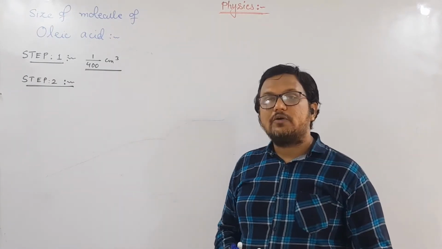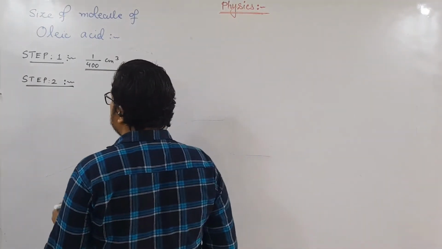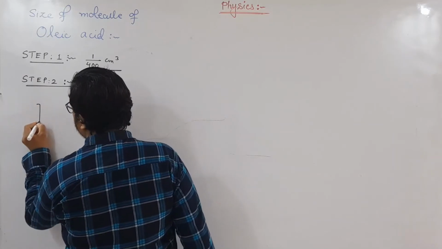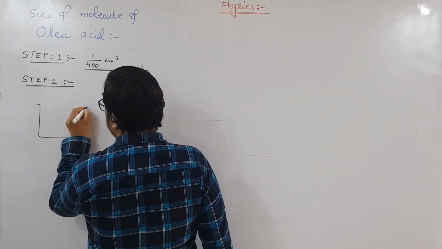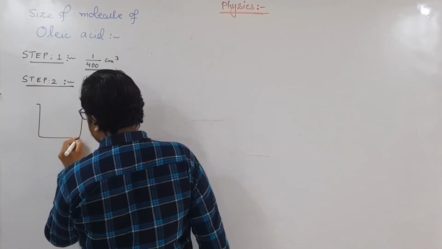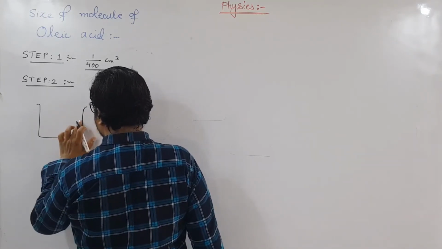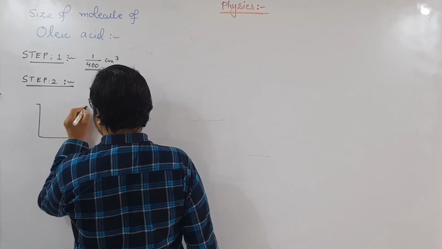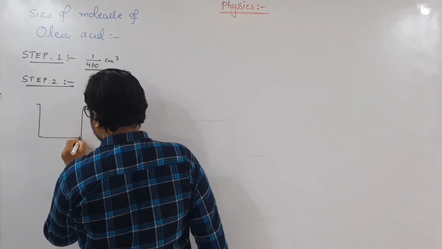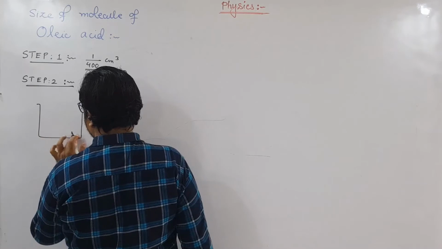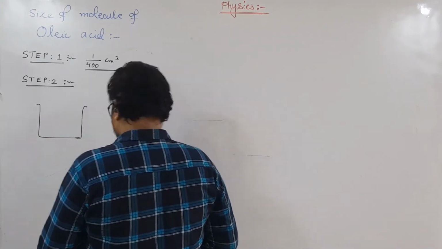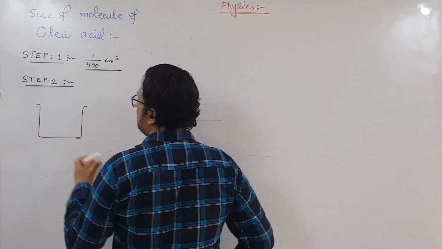Now for that, what we are going to do is we will take a beaker. Let us say we have a beaker, and in this beaker we will fill some water.